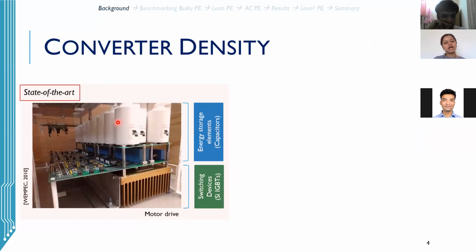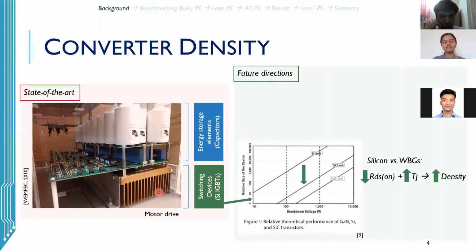If we look at a state-of-the-art typical power converter, this is one such example for a three-phase motor drive application, wherein we see the switching devices and the energy storage elements. For a couple of decades, we have been working towards the next generation switching devices, which we call wide bandgap devices.